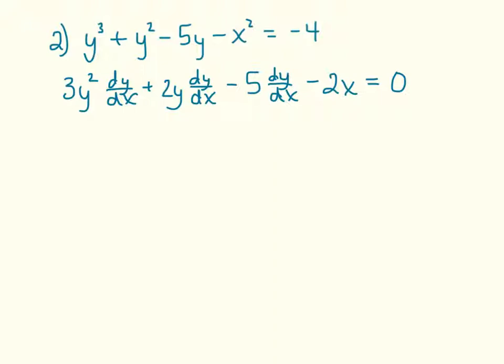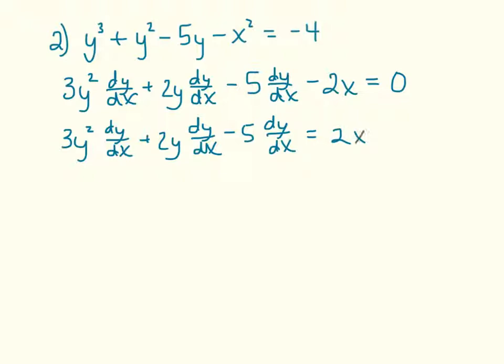Okay, so it looks like really all we have to do is move that 2x term over. So 3y squared dy/dx plus 2y dy/dx minus 5 dy/dx equals 2x.